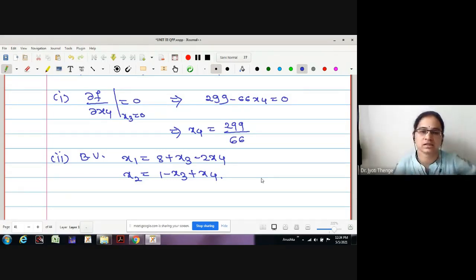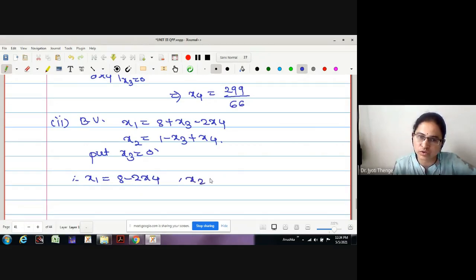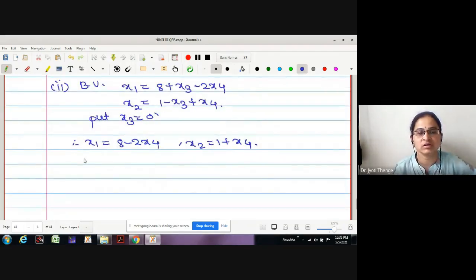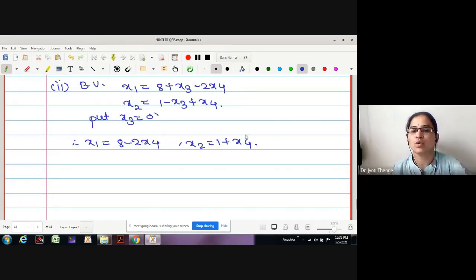Yes. Or let us put x3 0. What is it giving us? x1 equal to 8 minus 2x4 and x2 equals 1 plus x4. Correct, no? What is the value of x4 without making x1 negative? 4. Yeah, it is 4. What for the second one?